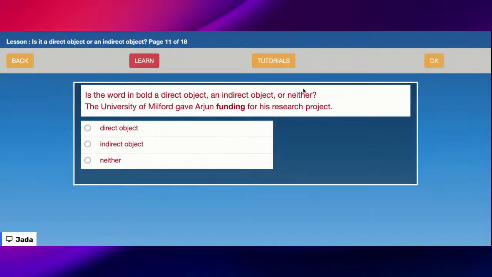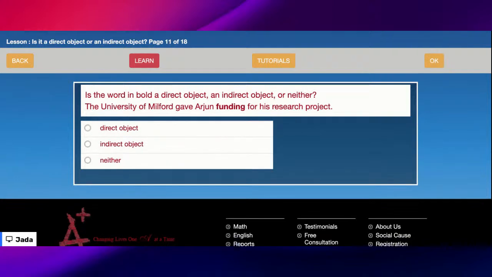All right, good job. The University of Milford gave adjourned funding for his research project. So, what's gonna be the right one? Direct, indirect, or neither?